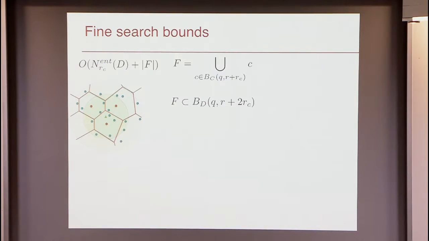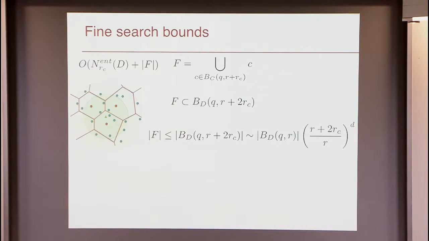Now that's a subset, just due to basic geometry, of a ball of this larger radius around the query. So the size of our fine search set, the number of things we have to consider in the fine search, is bounded by this, which is approximately this. Now, here D is the fractal dimension at the radii we're searching at.